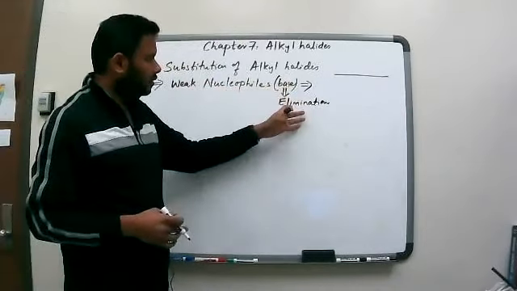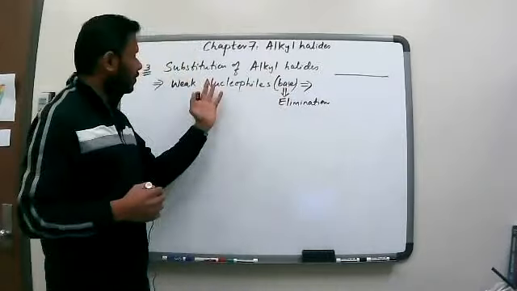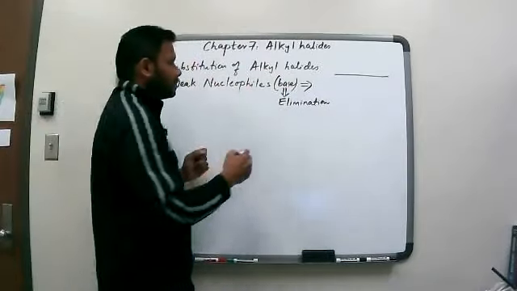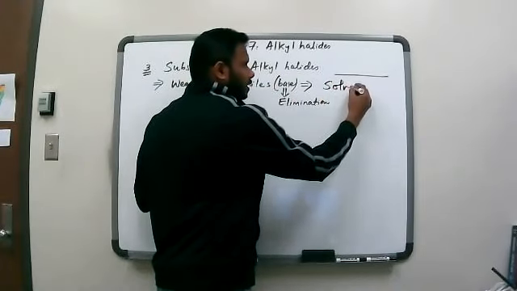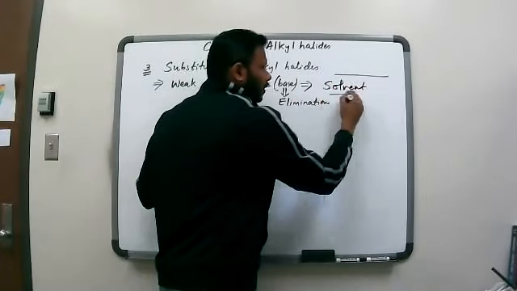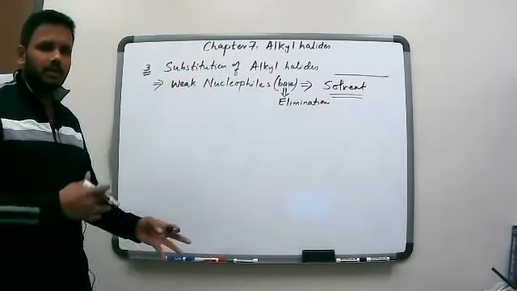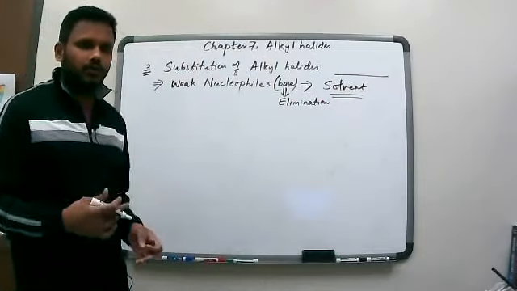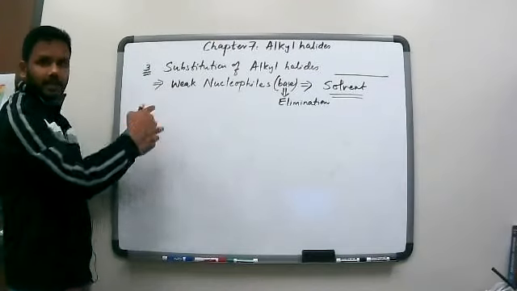For the elimination, we're talking about a base. In most cases, for this kind of substitution or elimination reaction, our weak nucleophile or weak base is a solvent. It's the solvent that acts as a nucleophile or a base. So that is the key differentiating factor.